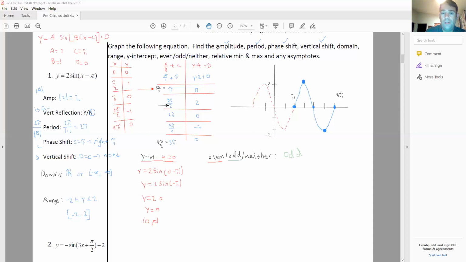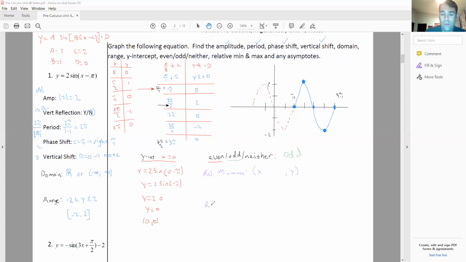And then we have our relative extrema, which we did, relative mins and maxes, back when we were looking at polynomial and rational functions. So a relative min, we said that this was the bottom of a hill. So the relative minimum is always going to be the bottom of the hill. So we're always going to end up with some x value and some y value for a relative min.